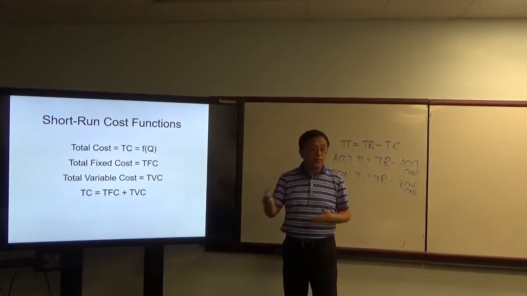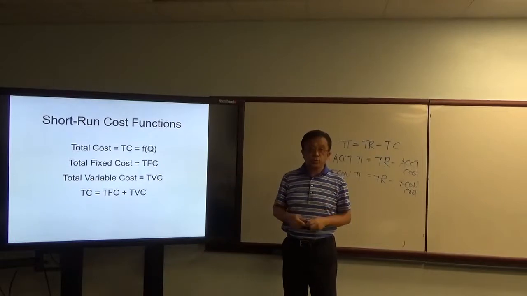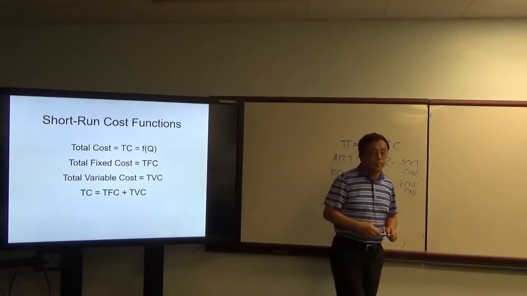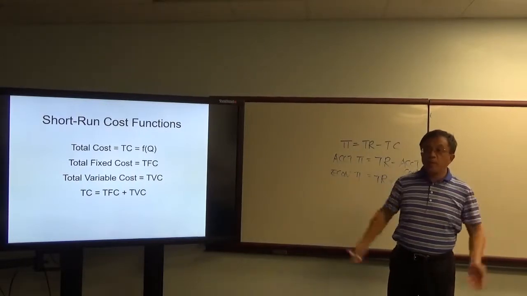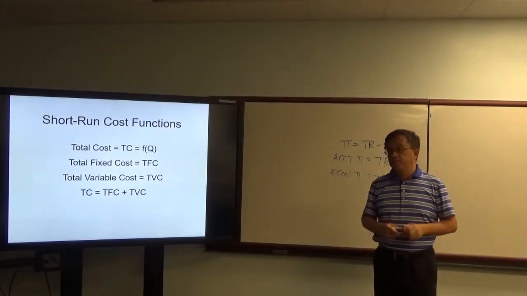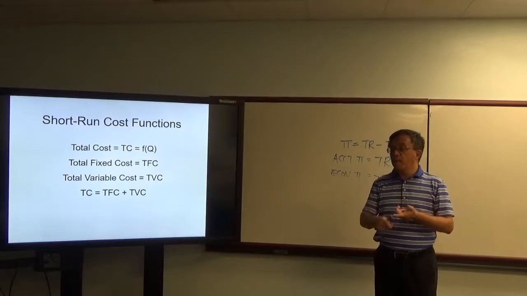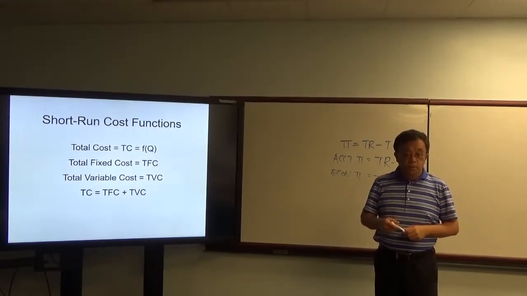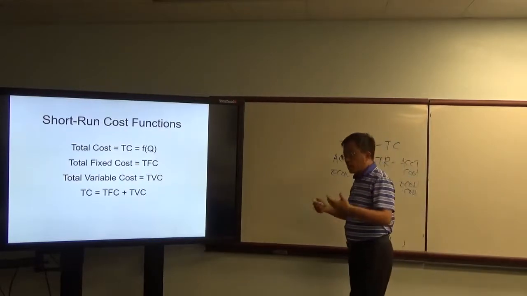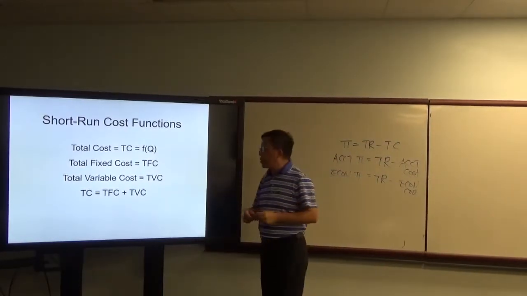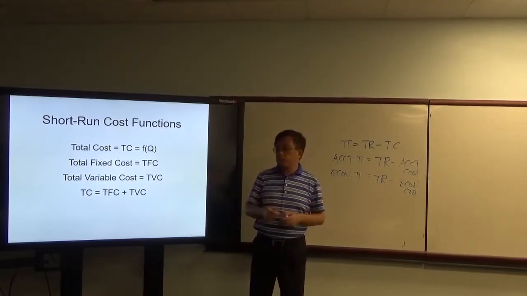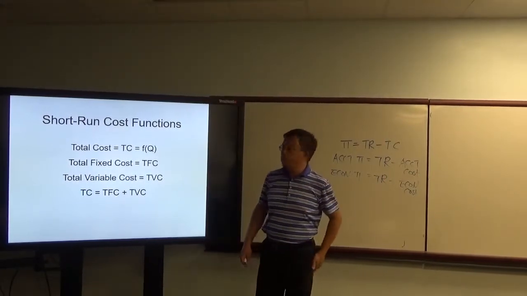So if one cost is fixed, that will be considered as short run. If you sign a lease for 4 years, the lease payment of the capital is fixed. It doesn't matter whether you produce or not, you still have to pay the lease payment. So that would be considered as a constraint, so that would be considered as a short run. At least one cost is fixed.